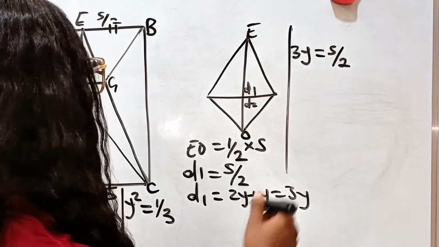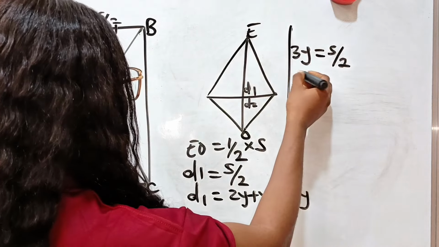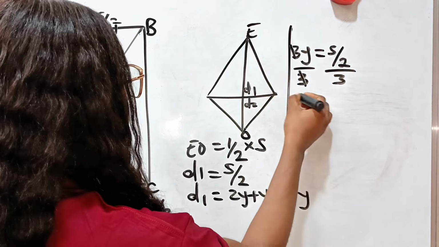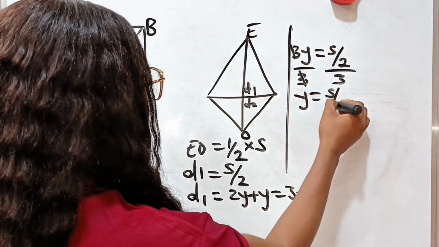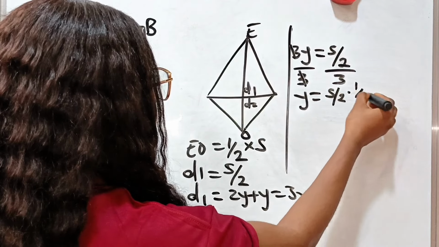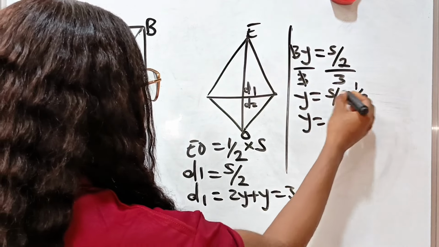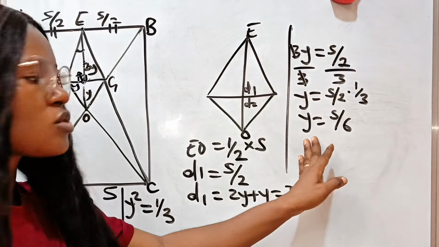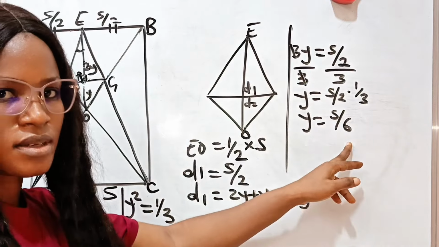Alright? Now, we have that. Divide this by 3, divide this by 3. We have that y is S over 2 multiplied by 1 over 3. So y is S over 6. So we got y to be equal to S over 6.